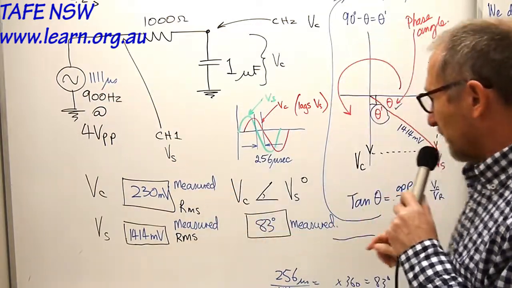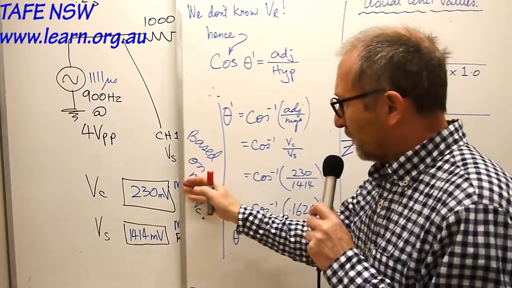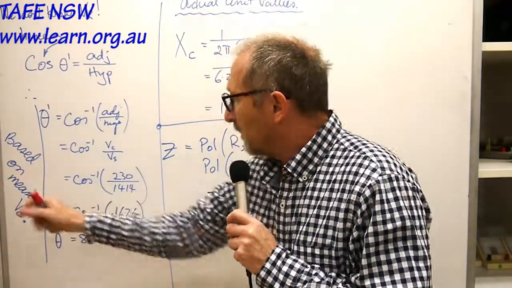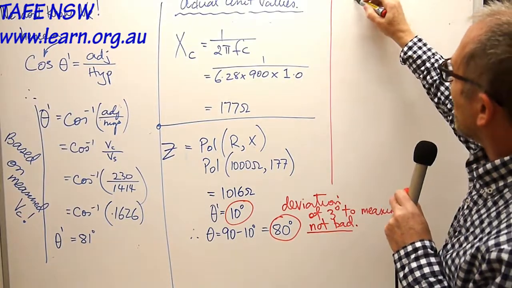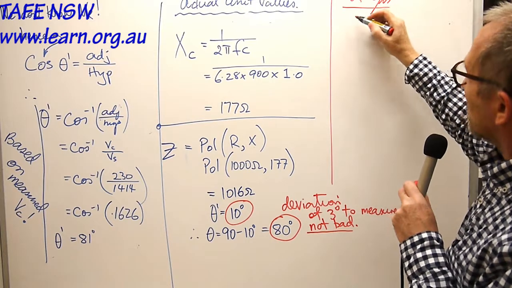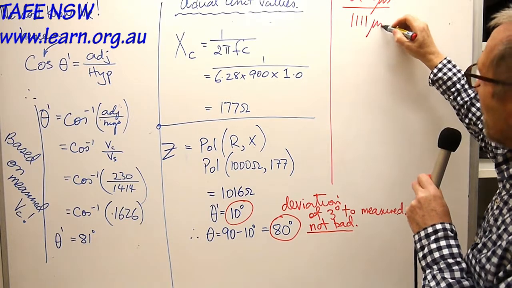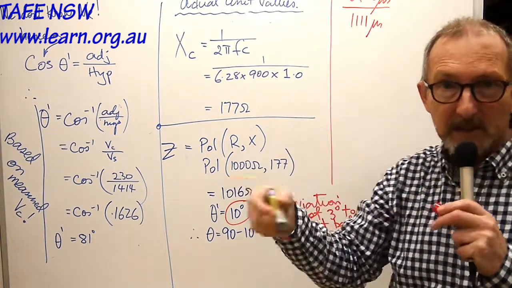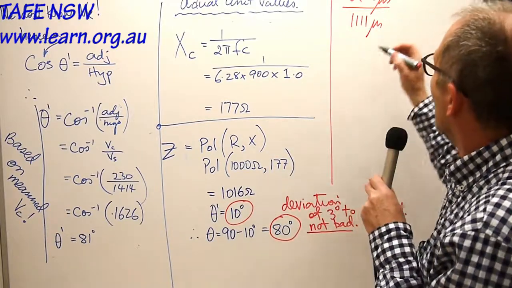1111 microseconds, and look, I might just move this other board across. So that would have been, and it is in fact, 256 microseconds divided by 1111 microseconds. Nice to have everything in microseconds because you don't need to use the exponent function on the calculator then.